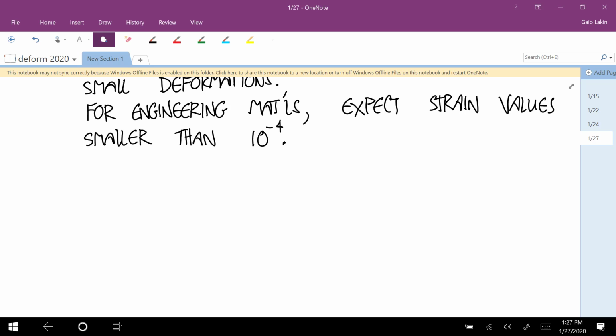All right, so now we're going to get into the strain definitions. Imagine a general deformation of a stress cube.